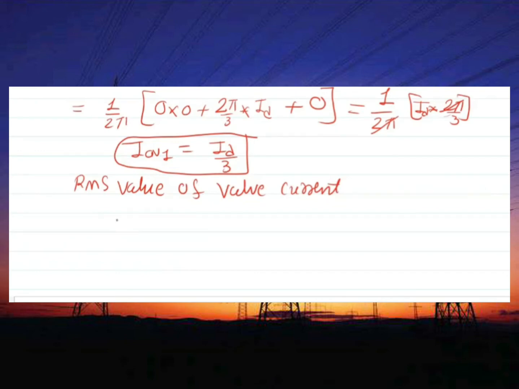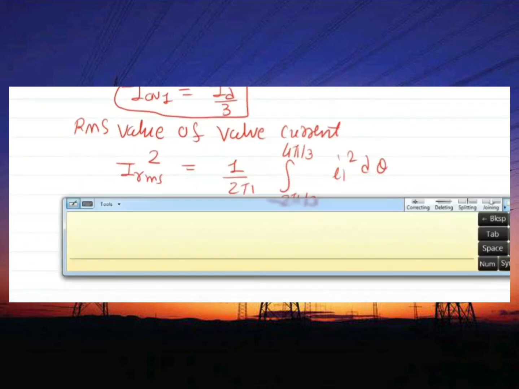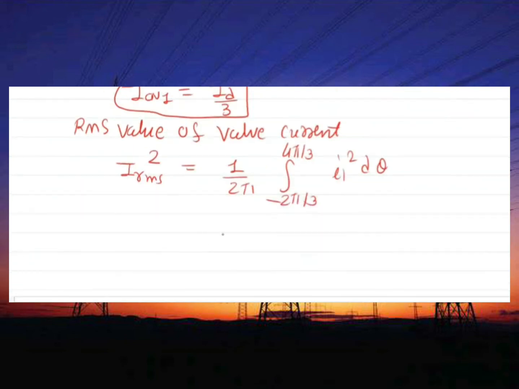So as you know, the RMS square is equal to 1 upon 2 pi, the valve 1 conduction period, that is minus 2 pi by 3 to 4 pi by 3, I1 square d theta, right? So again put the value of I1 square, where theta is equal to omega t, right?